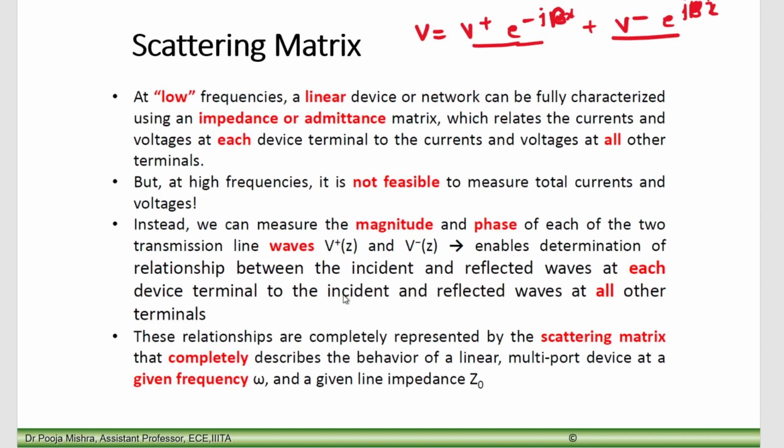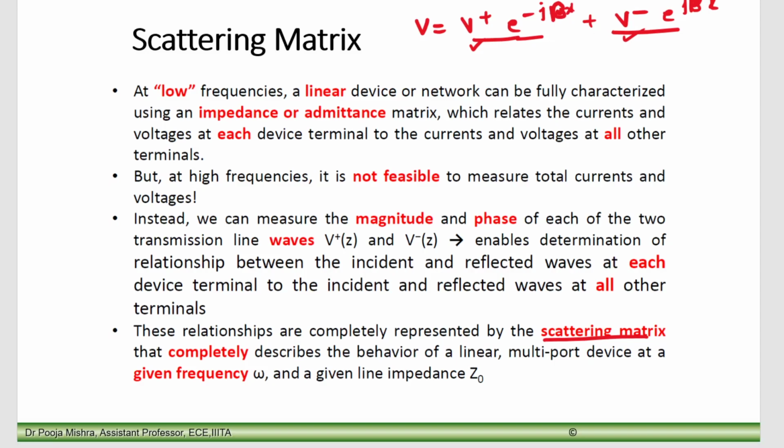So we use the parameters which make use of the incident voltage and reflected voltage only, not the total voltage and total current. These relationships are represented by the scattering matrix, which describes a linear multiport device at a given frequency and given line impedance Z0.